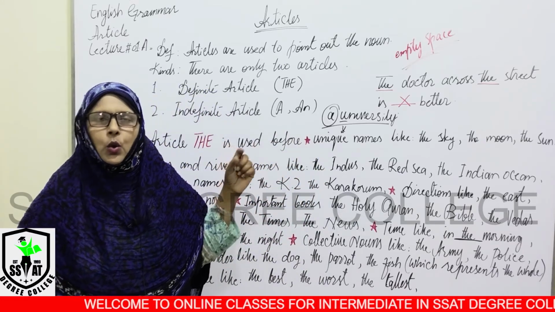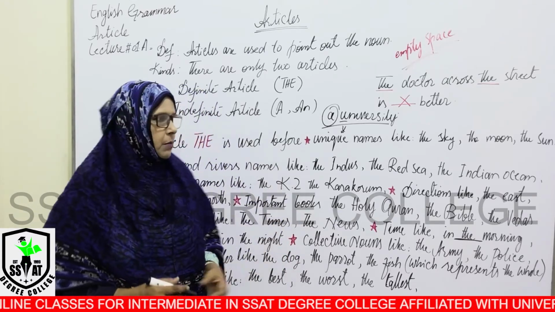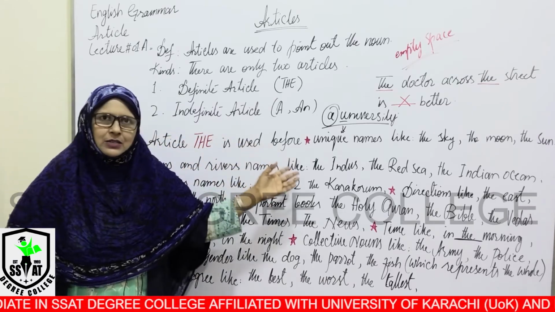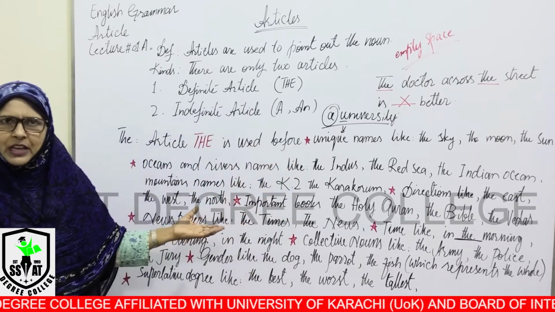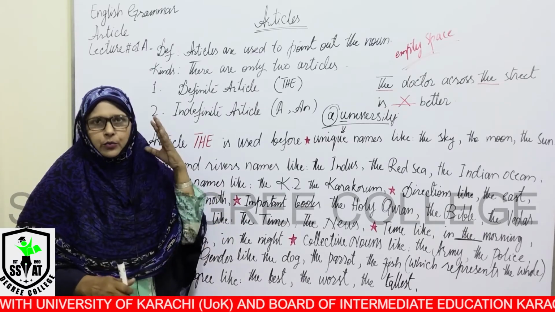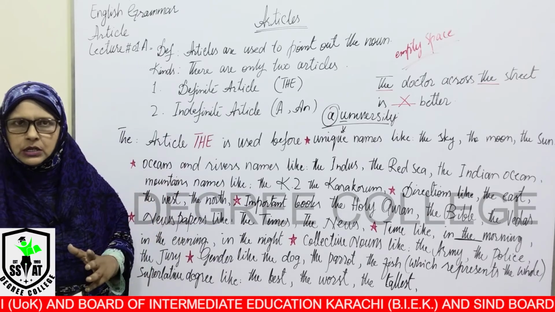Where necessary means जहाँ ज़रूरत है आर्टिकल की वहाँ इस्तेमाल करें. My dear student, if you are given an exercise with some blanks, you have to fill those blanks with the appropriate article. How could you understand appropriate? Where to use the, where to use an, where to use a.